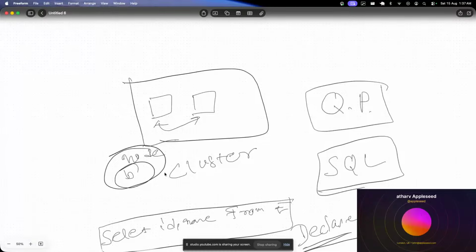How to execute this particular query on the database is done by the query planner. But if we have two separate nodes, then we can't actually use the benefit of the query planner wholly, right?